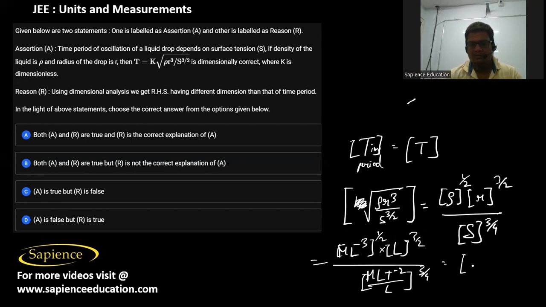So this is M power half minus 3 by 4. L will cancel, this is into L power minus 3 by 2 plus 3 by 2, then into T power 3 by 2.